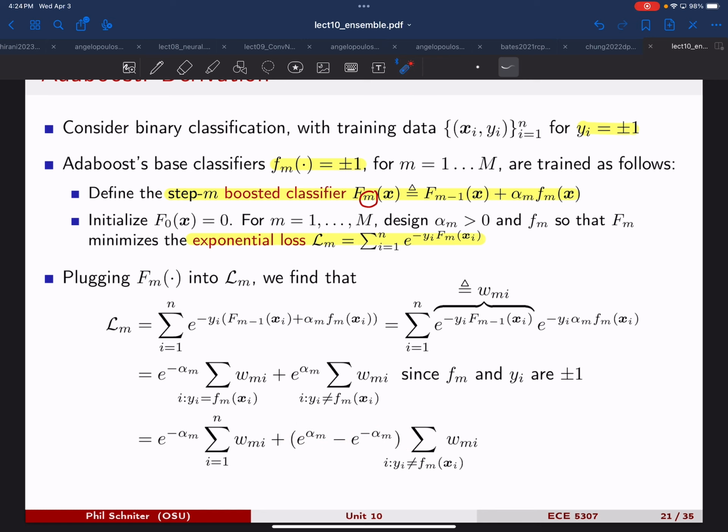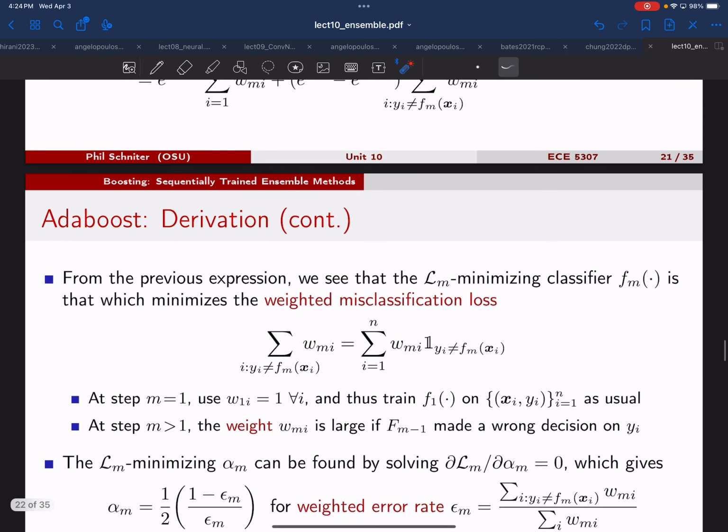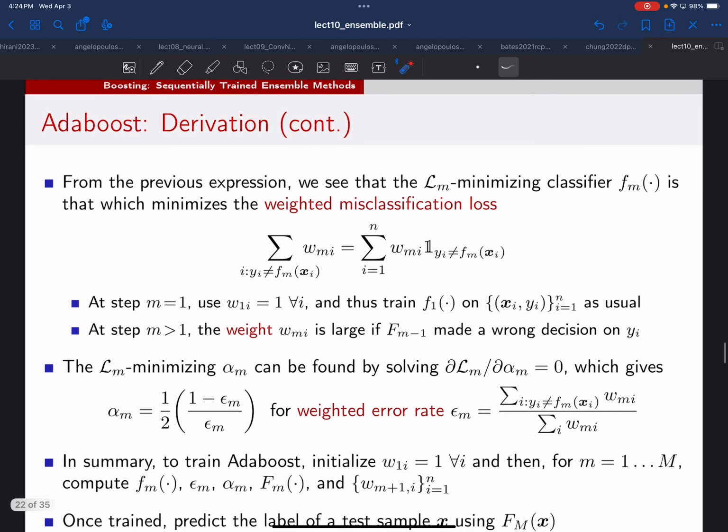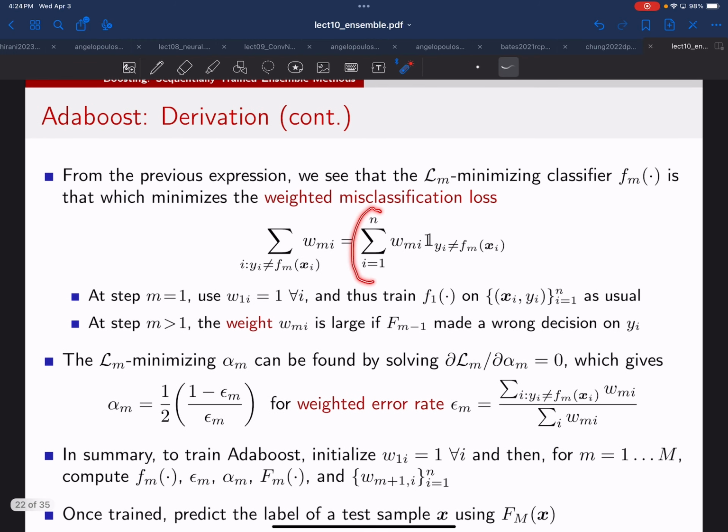Okay? And what is this? If you think about it, this is the thing we're trying to minimize now. Another way to write it is to write it over this full set of training samples and have an indicator function that equals 1 when they don't agree, or equals 0 when they do agree.